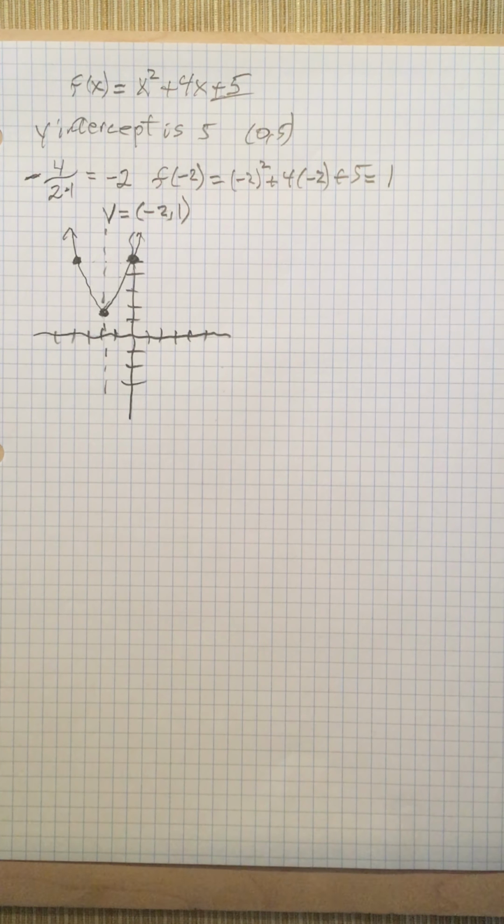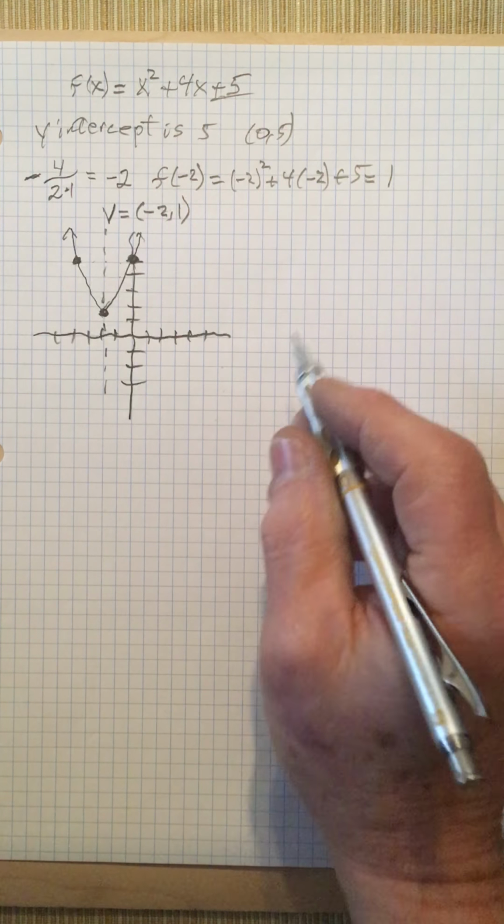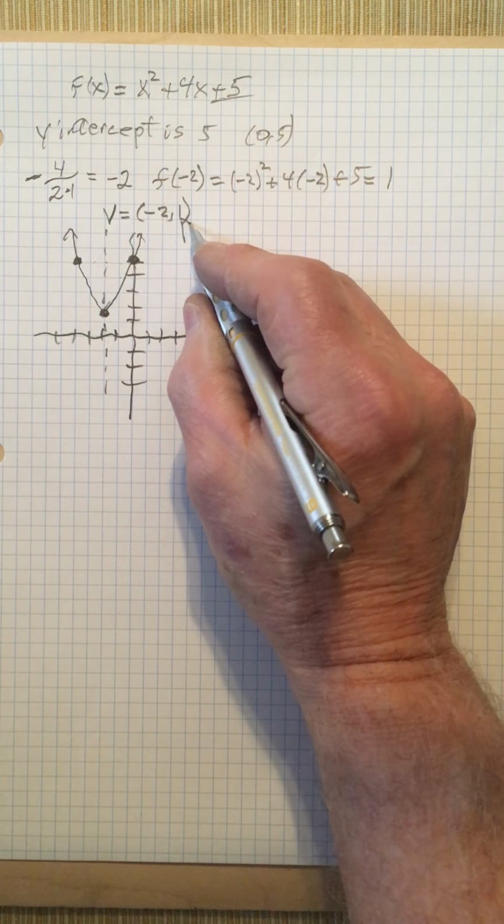So that's it. So next time, and this will be the final part of section 4.1, we're going to look at basically reading word problems, setting up a quadratic equation from the word problem, and then if it opens up, hopefully the problem would be asking for a minimum, and basically all we do is look at the vertex and look at the y coordinate.